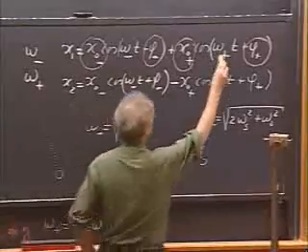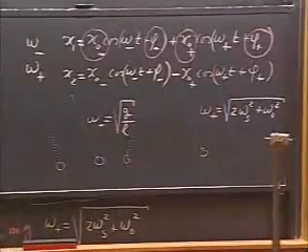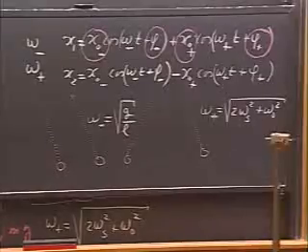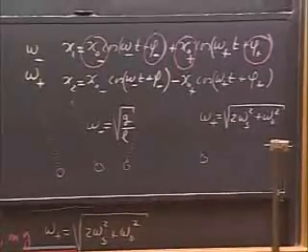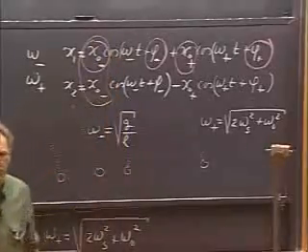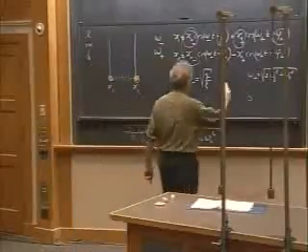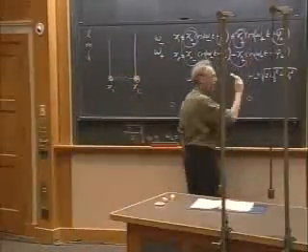Independent of the initial condition is omega plus, that's this one. Independent of the initial conditions is this ratio, which is +1. And independent of the initial conditions is this ratio, that is -1.